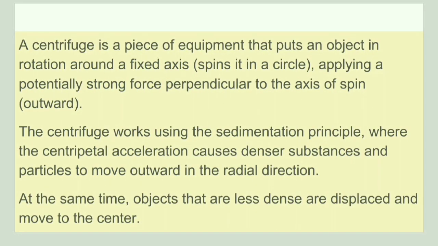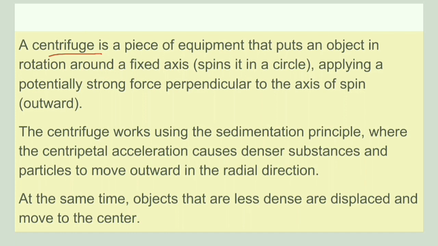Earlier we discussed what is centrifugation, and now we will discuss what is a centrifuge. A centrifuge is an equipment that puts an object in rotation around a fixed axis.